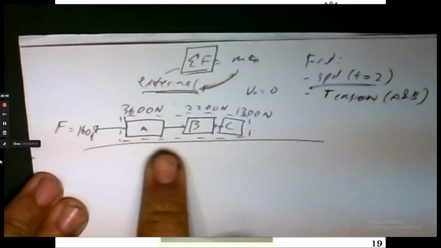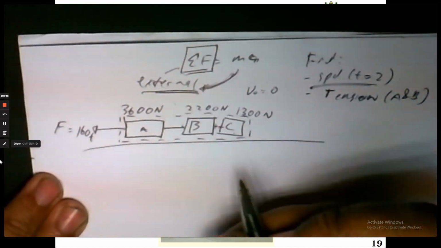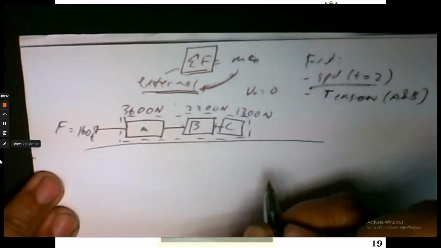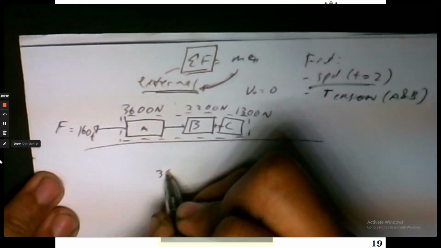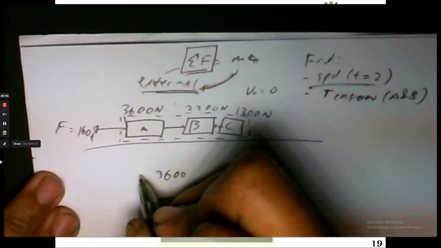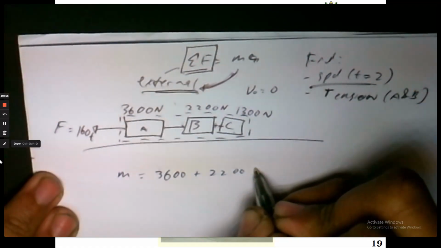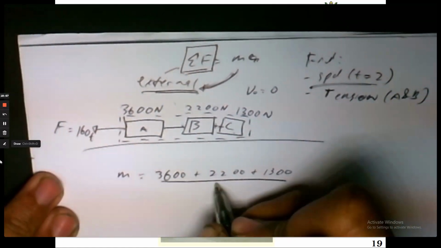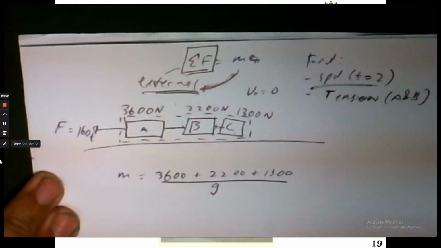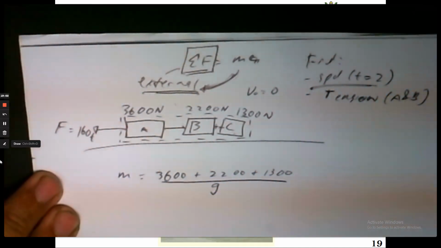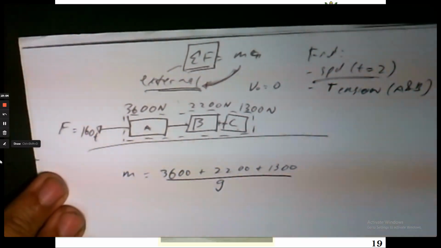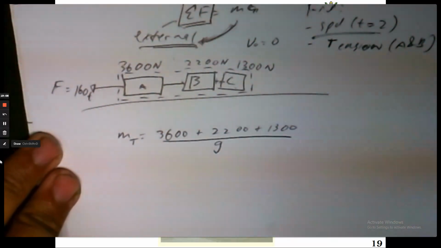So this is the whole system, that means our mass should be the total mass, divided by g. So that is the mass of the total system.